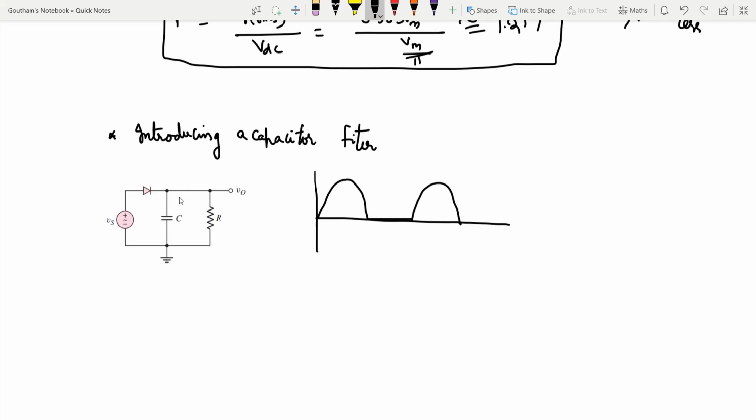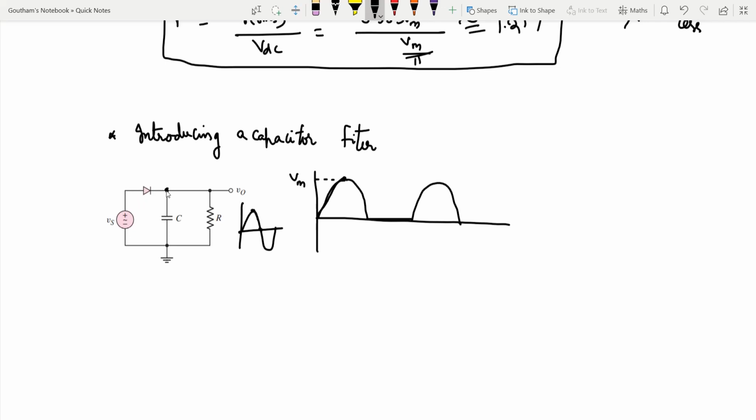But what happens with the capacitor is, once the input waveform has gone up to the peak value, that is when the diode is forward biased, so the capacitor is also charged to the peak value. If the peak value of the input is Vm, the capacitor is also charged to Vm. Now once the input signal goes from T/2 to T, the negative half cycle, or rather once the input signal goes down from the peak value, what happens here?